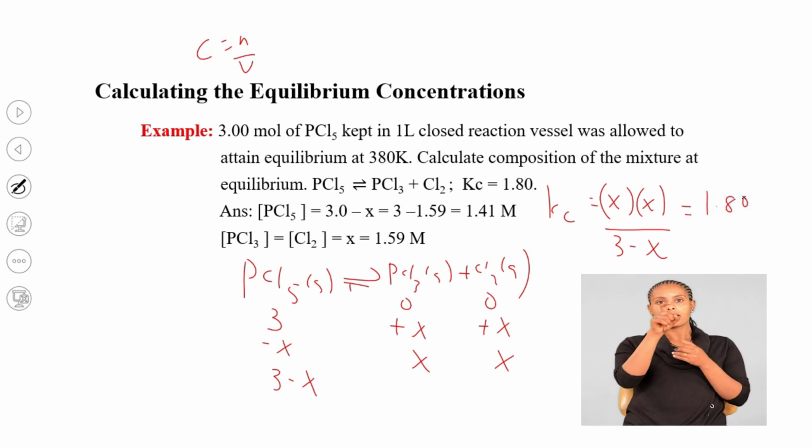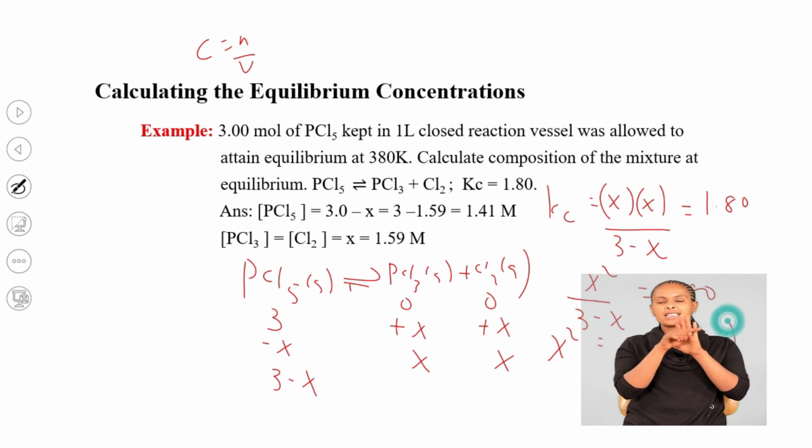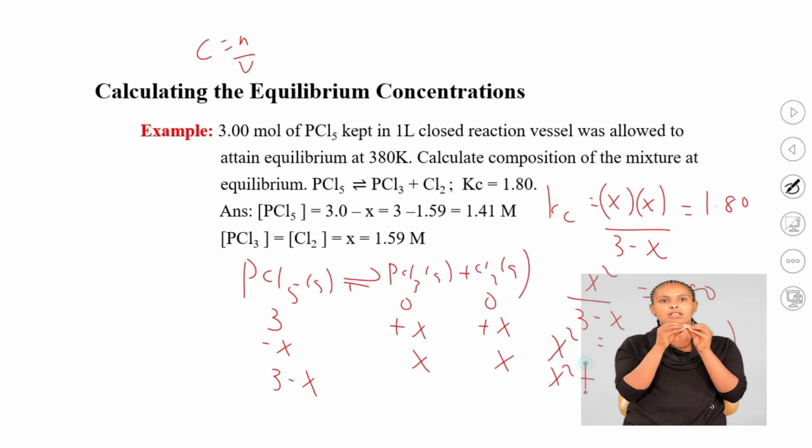Now x times x is x squared, divided by 3 minus x, equals 1.80. This is the same as x squared equals 1.80 times 3 minus x. Now this equation is a quadratic equation, because x squared plus 1.80x minus 1.80 times 3 equals 0.